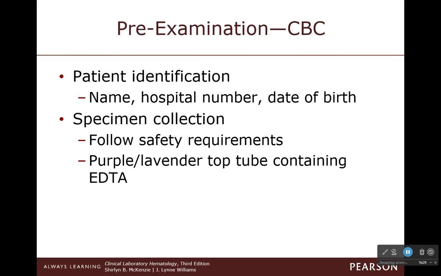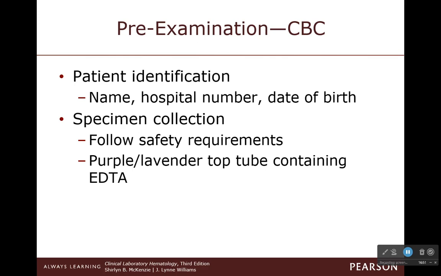So pre-examination, CBC, we definitely want to make sure that we have the right patient that we're doing the CBC on. Specimen collection needs to be done in EDTA tubes, purple lavender top tubes that have EDTA. A lot of the hospitals now are using K2 EDTA.